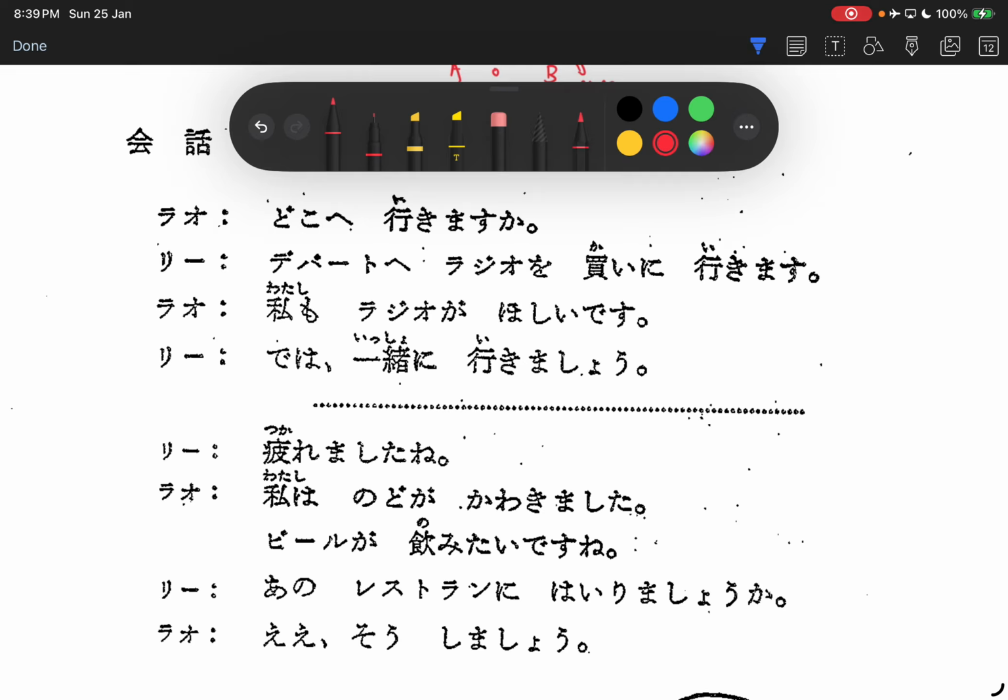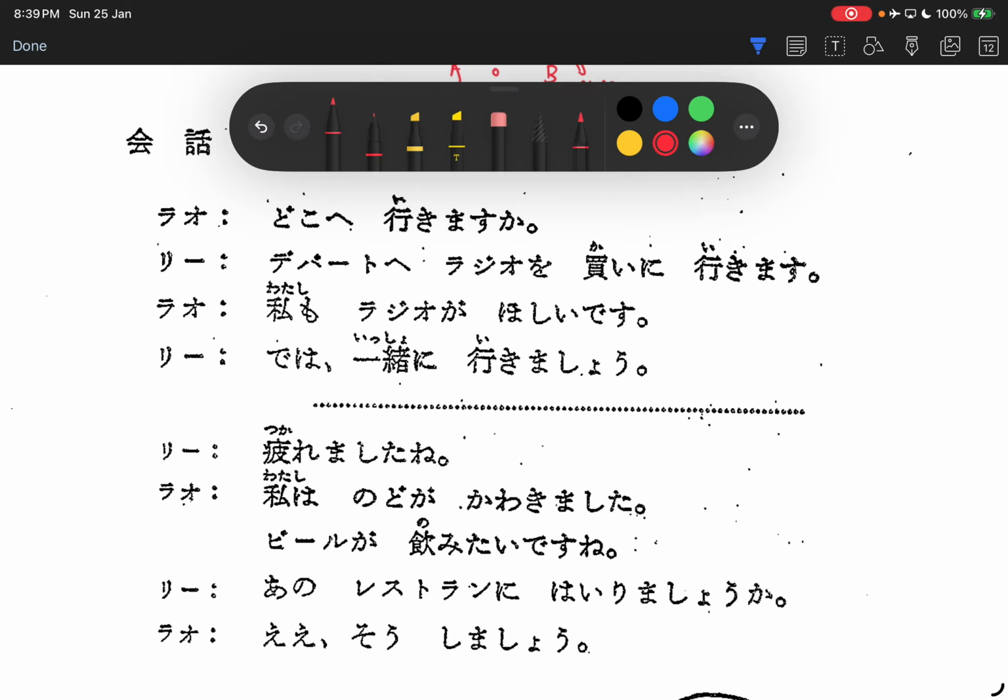Then Li replies, では一緒に行きましょう. So it's like saying, so, together, let's go. The ましょう form is let's go or shall we go. Two meanings. One meaning is let's go together or shall we do this together. But in this case, it's not the shall we. It's more of the let's go together. So 一緒に行きましょう.